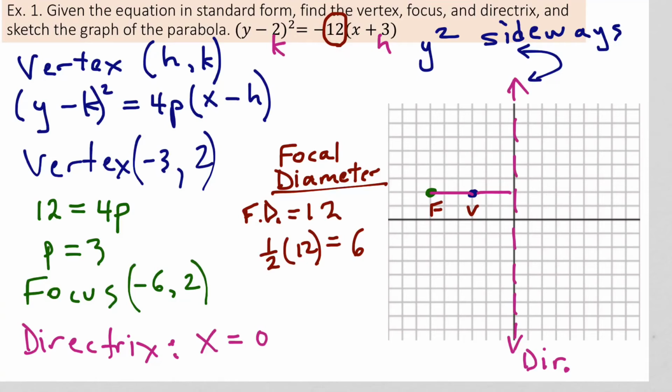So I can go up 6 and down 6 from my focus and get 2 more points. All right, so I put those 2 points on there. Now I can get an accurate graph. So my parabola is going to go through the vertex and through these 2 dots at the end of the focal diameter. All right, so that is our parabola.